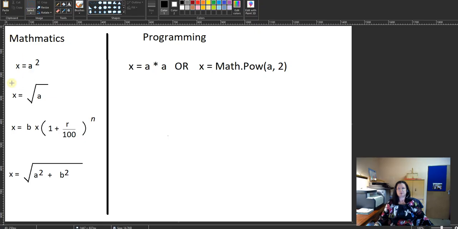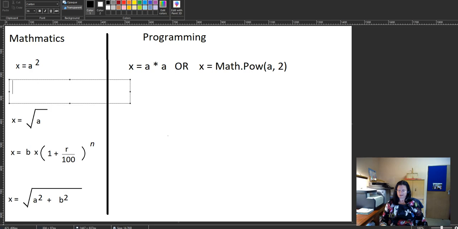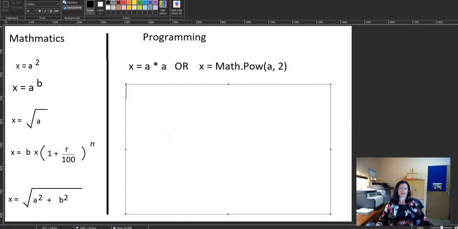If I move everything down over here a little bit and I add a second formula, let's say x is equal to a to the power of b. Let me just change that so that the power of is indicated nicely. That's why I'm using Paint. It's an easy way for me to play around with the data.